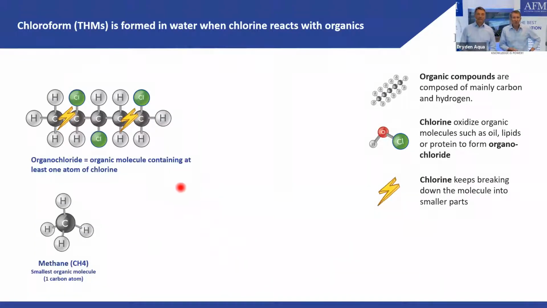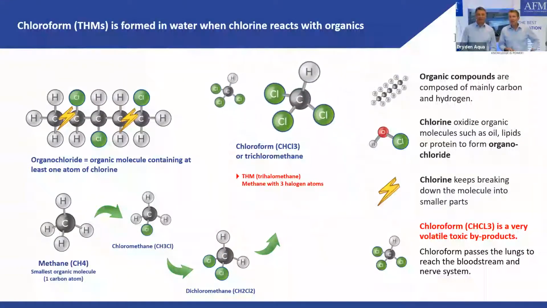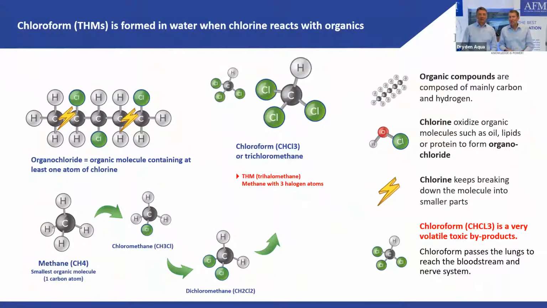The smallest one that is left is methane, 1 carbon and 4 hydrogen atoms. This continues to react with chlorine, a substitution reaction that replaces 1 of the hydrogens with chlorine. It continues to 2 chlorine and then 3 chlorine, and that is ultimately the chloroform.